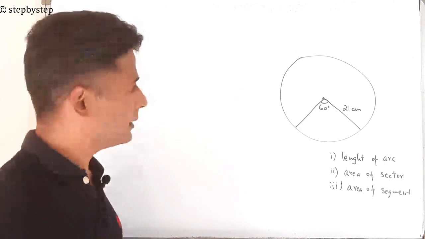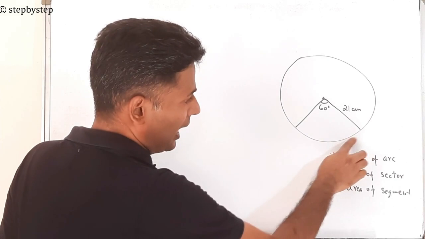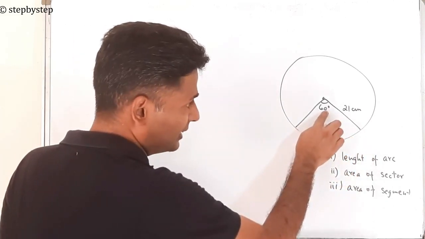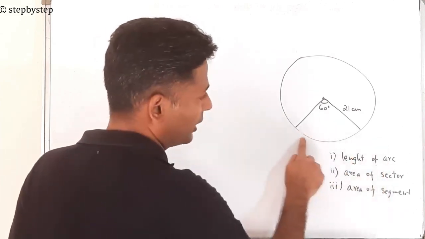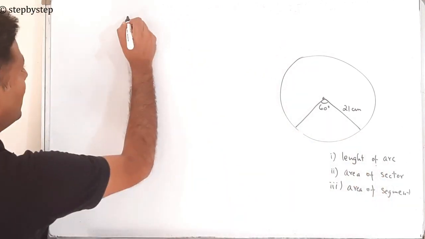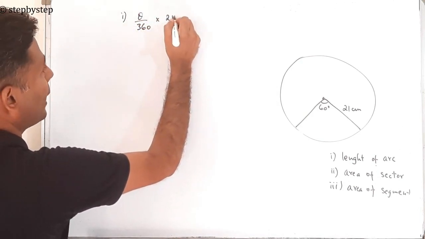Now the fifth question, guys. They have said in a circle of radius 21 centimeters, an arc that is from here to here subtends an angle 60 degree at the center. The first thing they have asked is the length of the arc. So what is the length of the arc? If you remember the formula, length of arc is theta by 360 into 2 pi r.